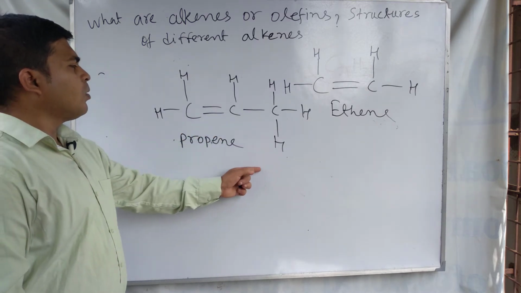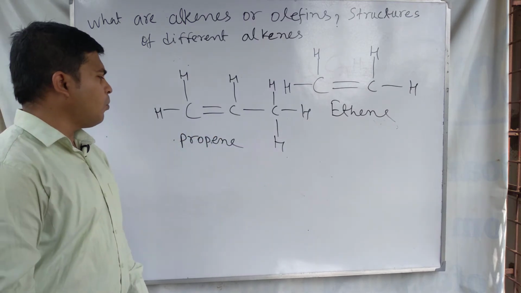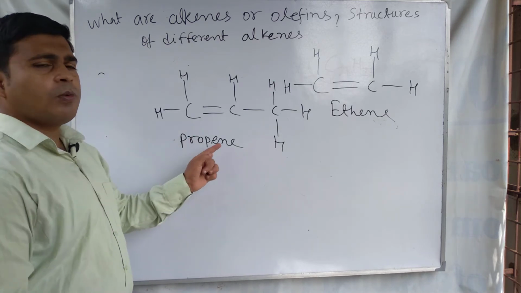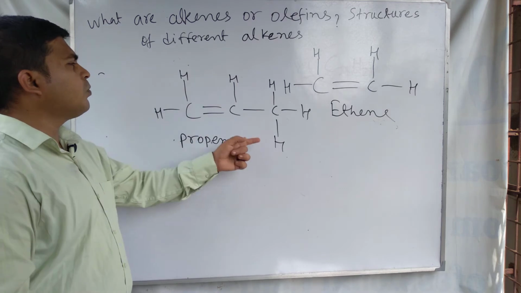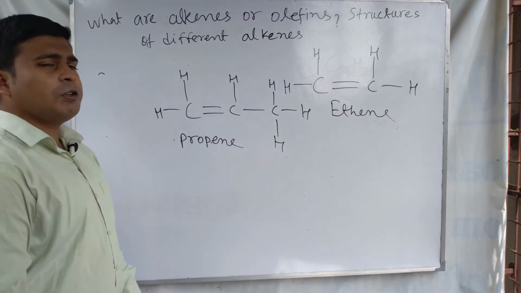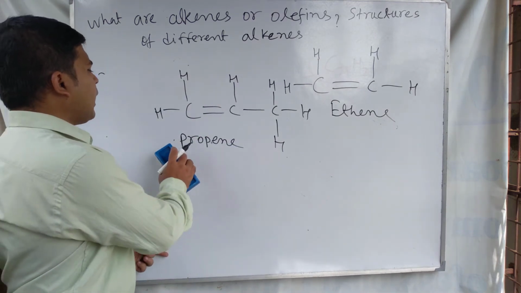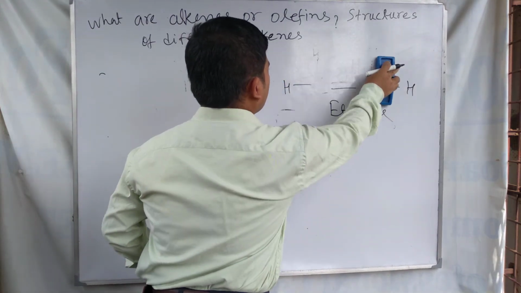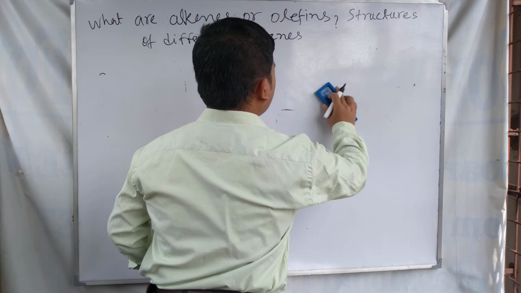This is the detailed structure of propene using the carbon-hydrogen and carbon-carbon covalent bonds, showing all the covalent bonds. These are examples of straight chain alkenes.